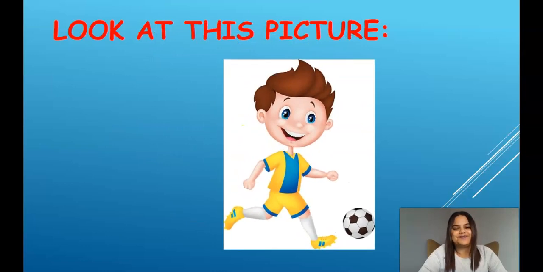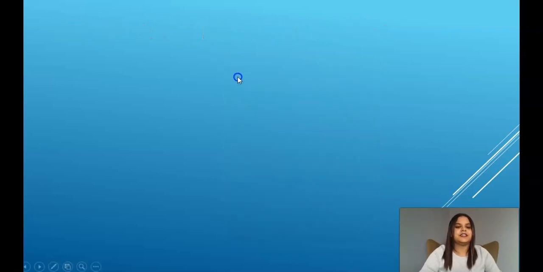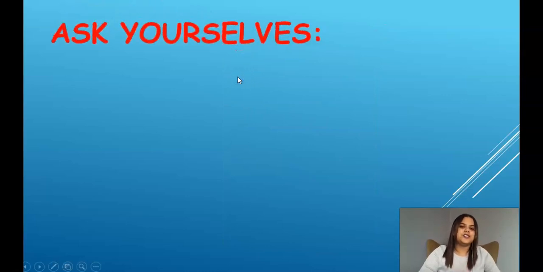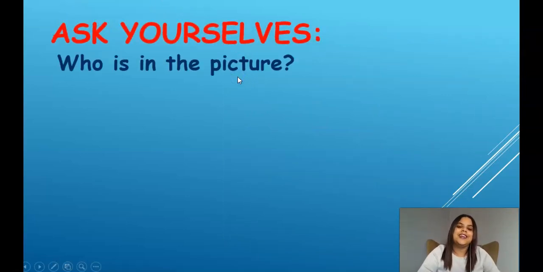Look at this picture. I'm going to give you a moment to look at it because I want you to study this picture and think about what is happening in this picture. And ask yourselves, who is in this picture?